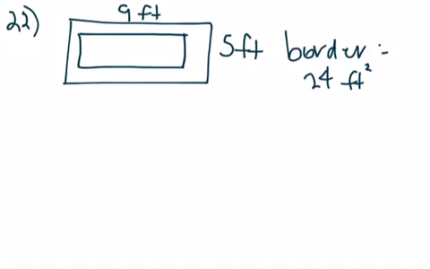Let's call the border x. That means this distance is x, this distance is x, this distance is x, this distance is x.